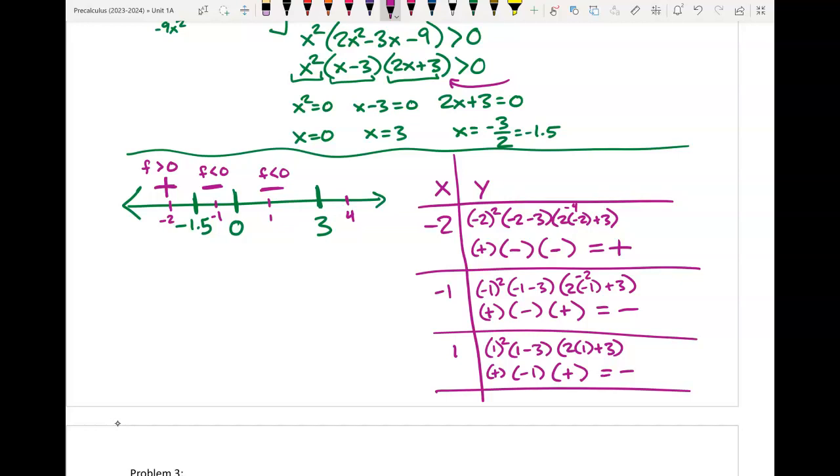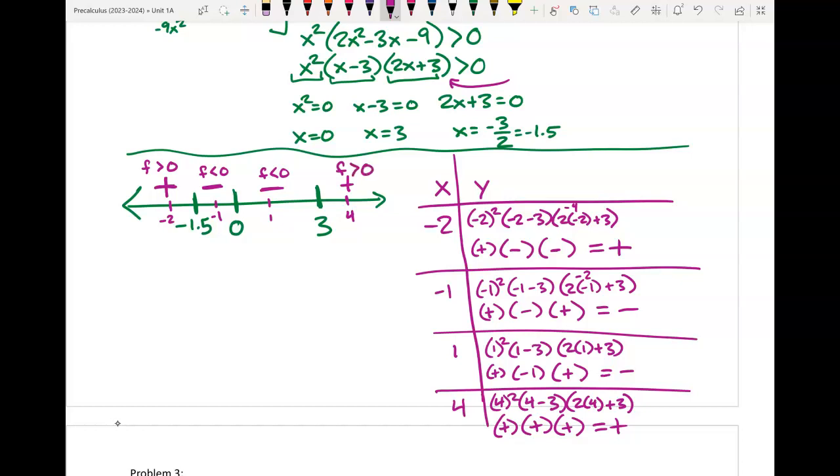All right, and then our last one, 4. So I have 4 squared, and then 4 minus 3, and 2 times 4 plus 3. And again, just caring about the signs, this one is positive, this one is now positive, and that one is also positive. So all result in a nice positive where f is greater than 0.